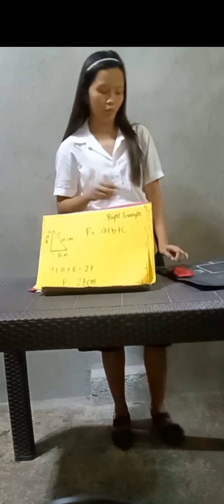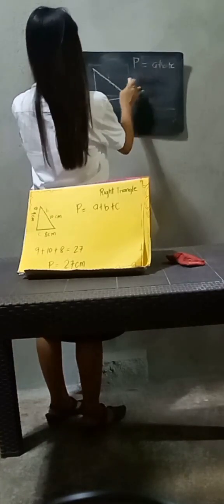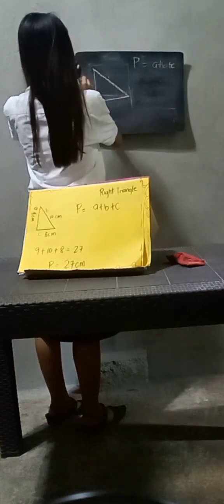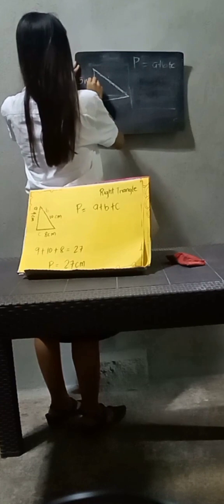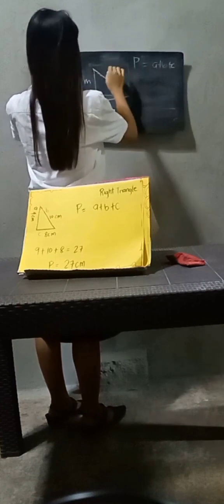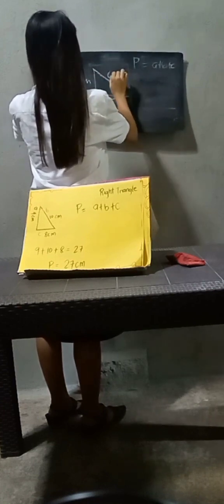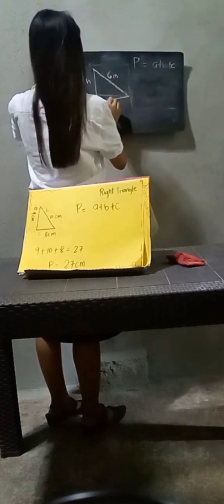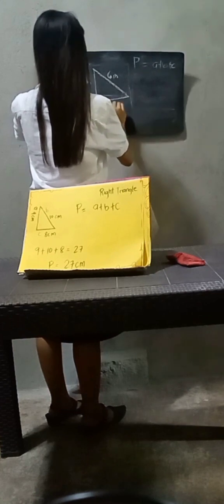Now let's have another example. Let's say that for A, we have 5 meters, for B, we have 6 meters, and for C, let's have 7 meters.